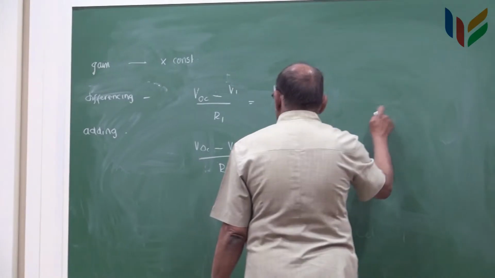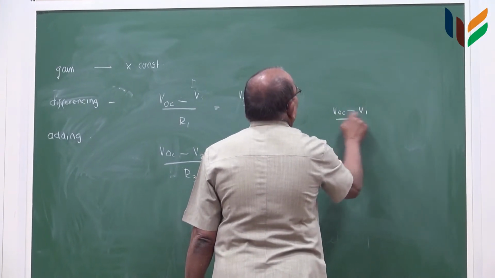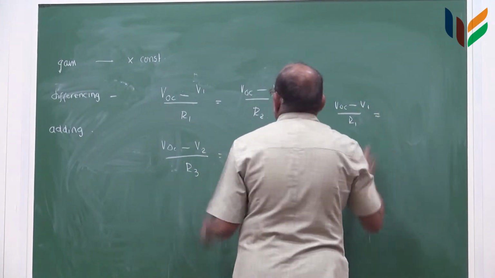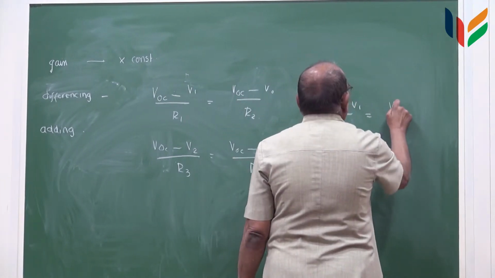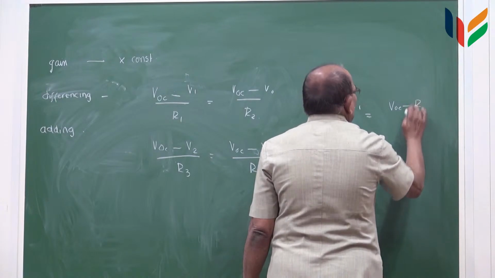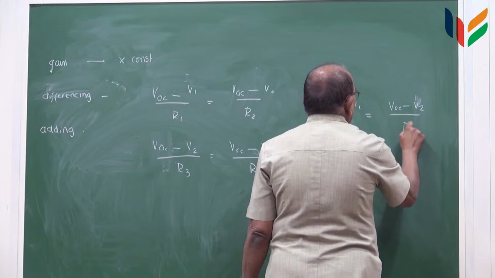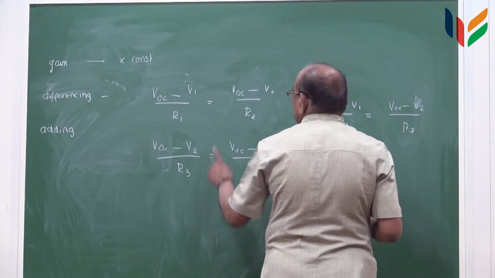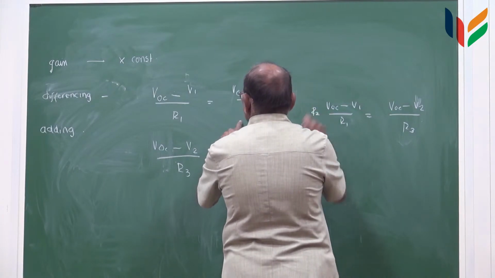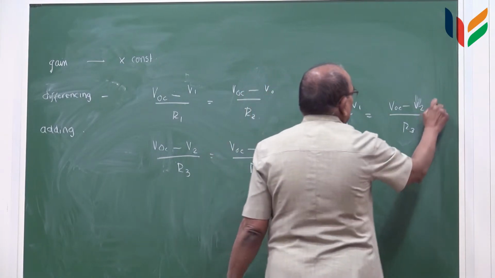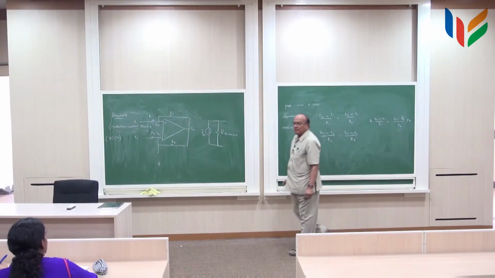So you get VOC minus V1 by R1 is equal to VOC minus V2 by R3, right?